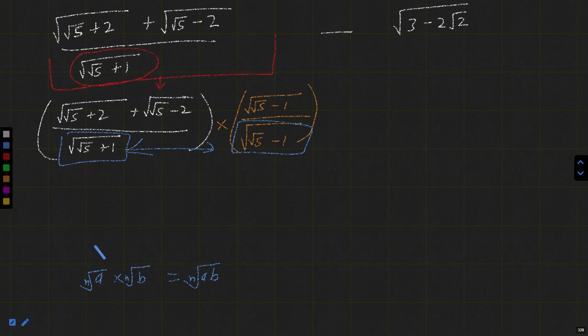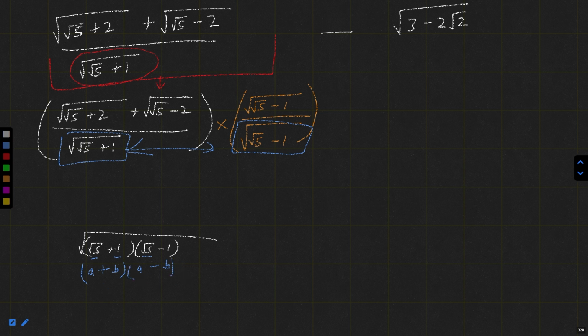Let me write. The denominator is now this root 5 plus 1 getting multiplied with root 5 minus 1. In this step I am using this is a, this is b, and a plus b times a minus b equals a square minus b square.